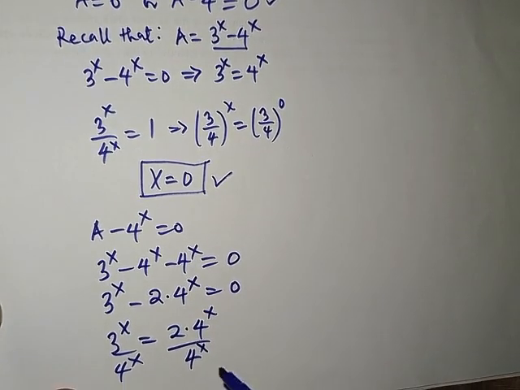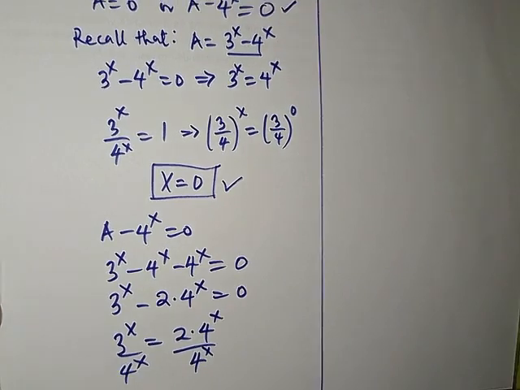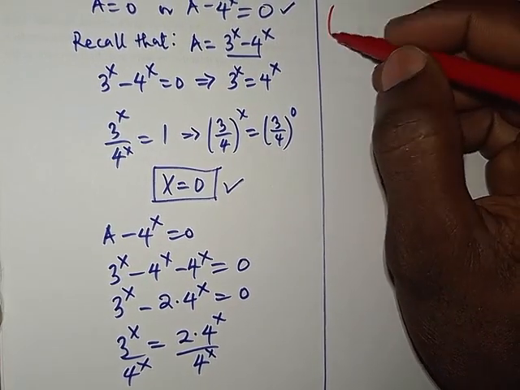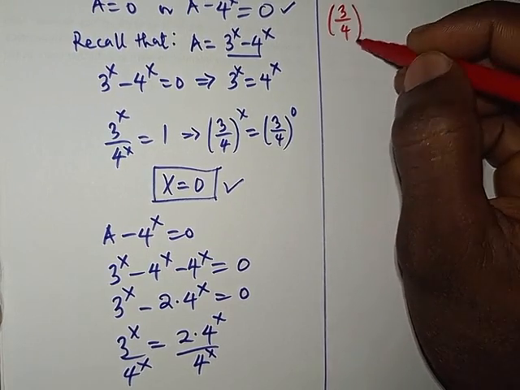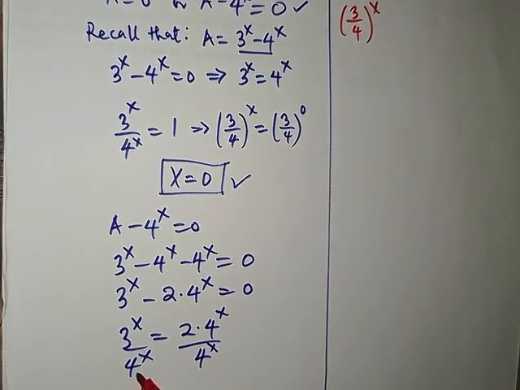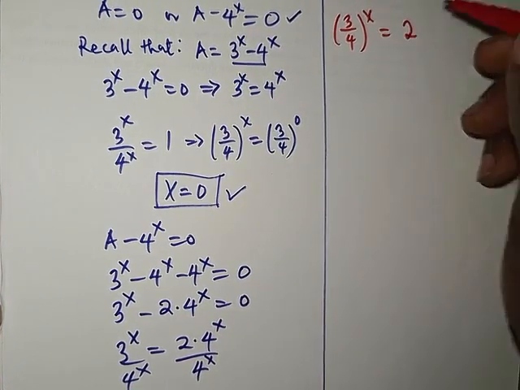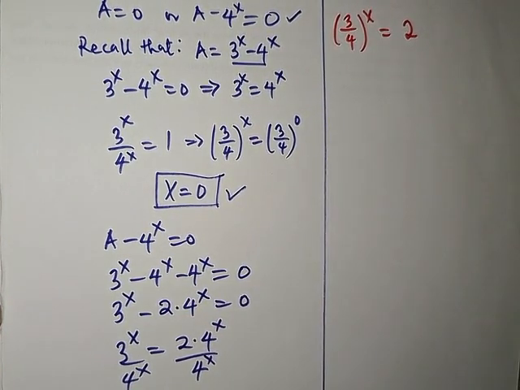So from there, we have 3 over 4 to the power x equals 2. Now, what's the next thing we're going to do?